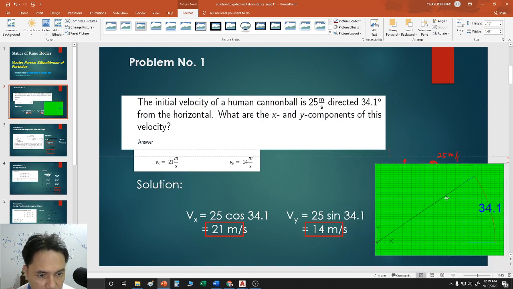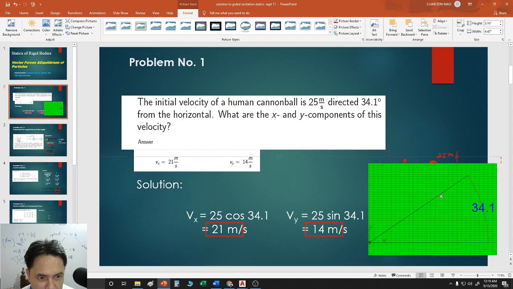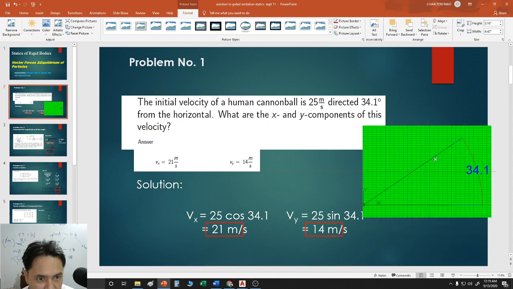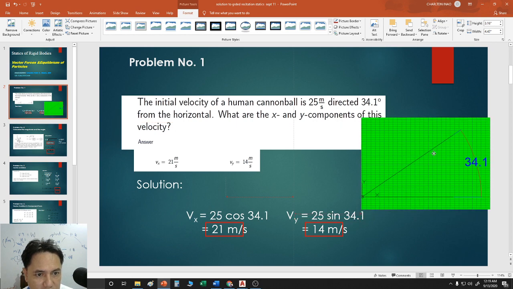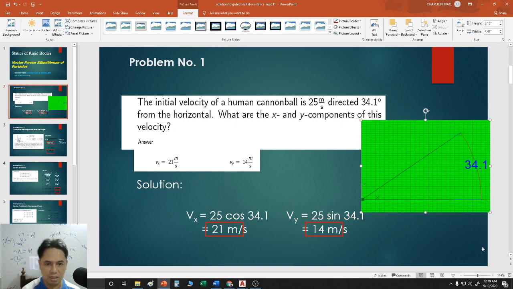I think it is a better application somewhere here. What we'll put here like this.